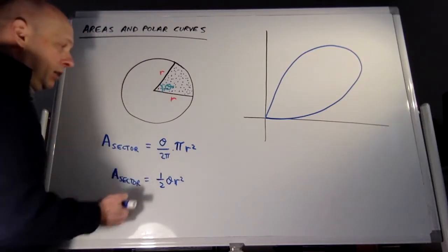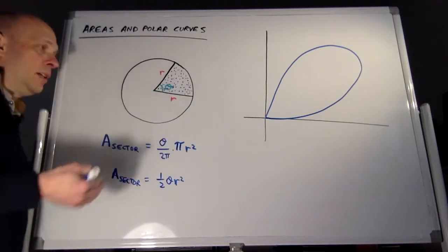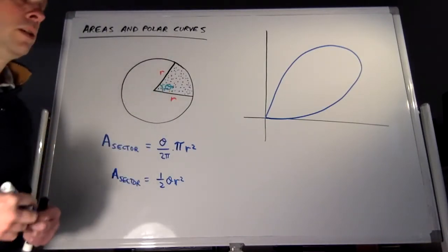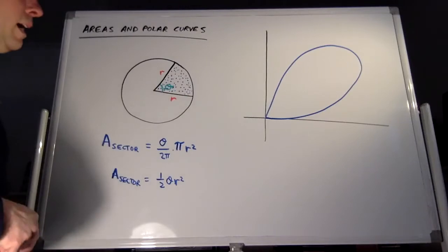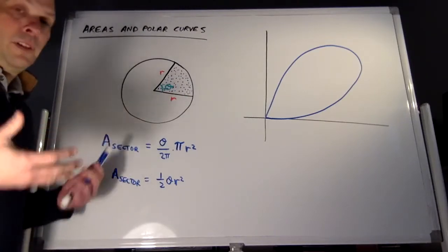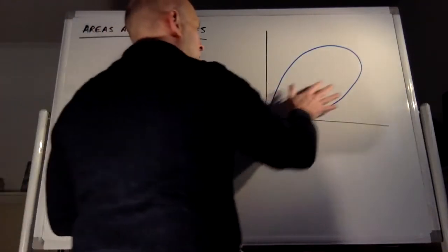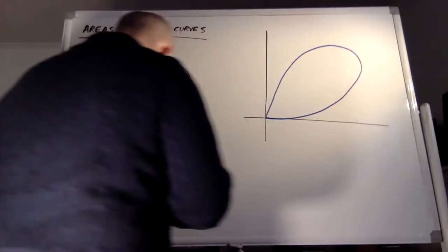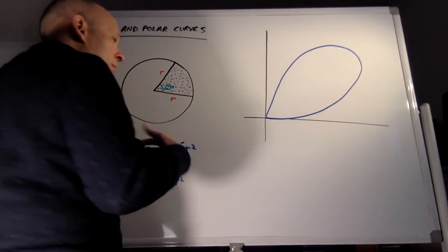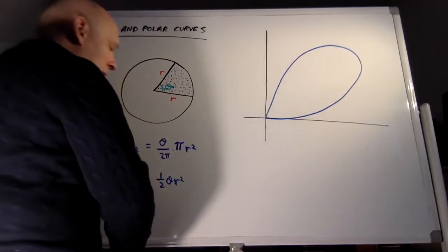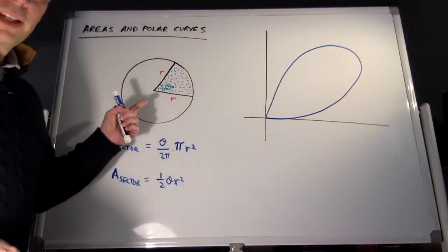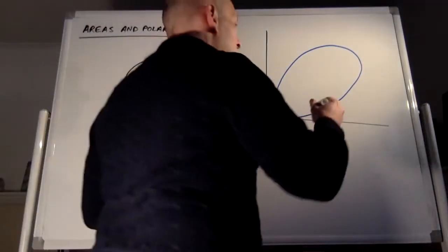So we're going to use this to help us find the areas involving polar curves. Over here, let's say I have this leaf of a rose curve, and we want to find the area within the entire leaf. We can think of that area as being made up of a bunch of circular sectors like this, but very small sectors.